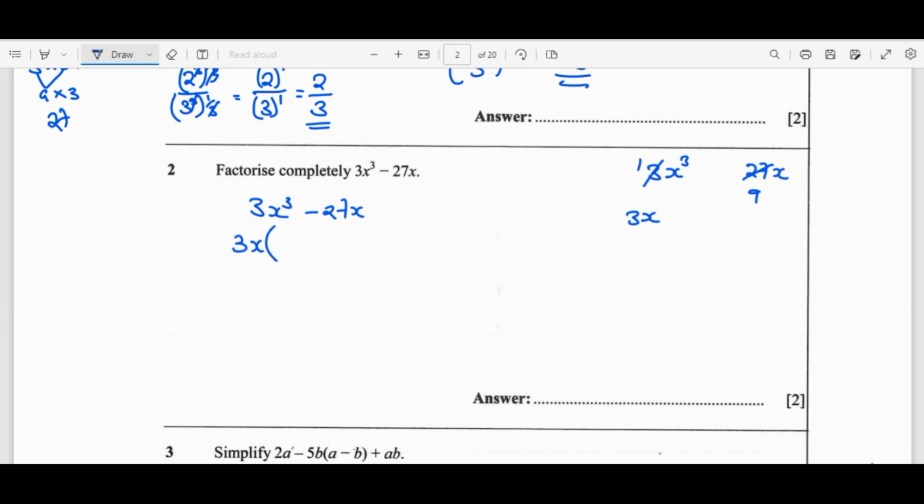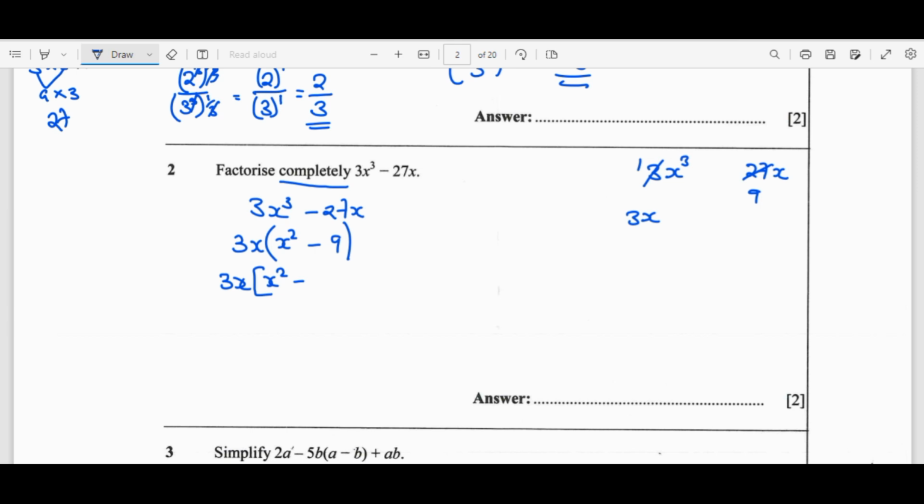Okay, so we're going to say 3x, open bracket, what will remain there is x squared minus 9, such that when we multiply 3x by x squared, it will give us 3x raised to the power 3. And if we multiply 3x by negative 9, we're going to have negative 27x. Because they've said completely, you're going to say 3x, and then in brackets x squared minus this one.